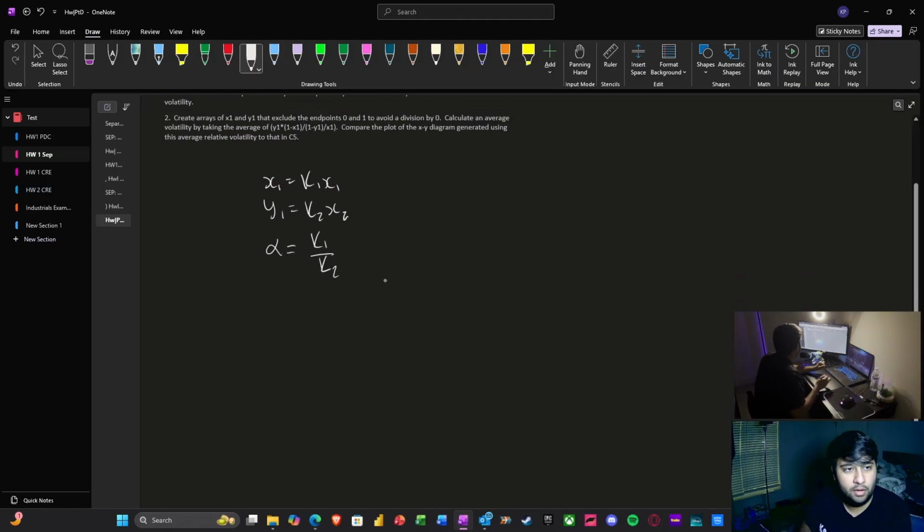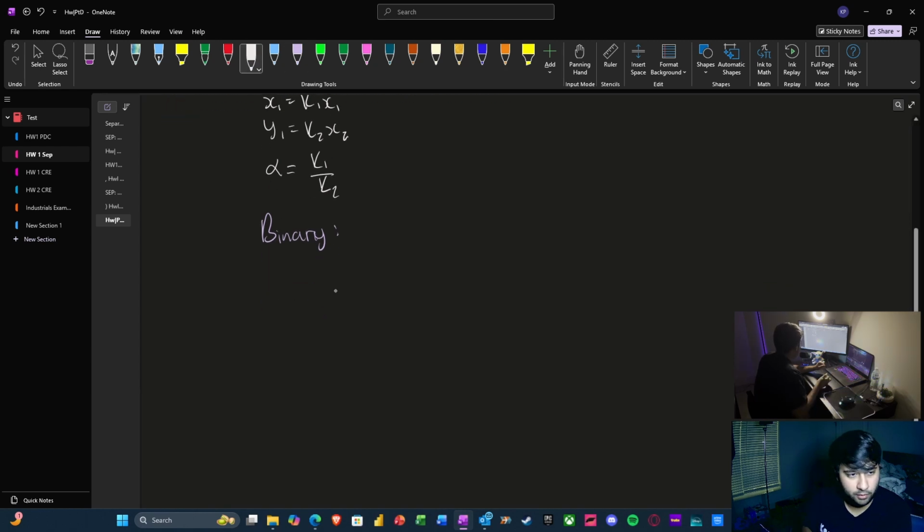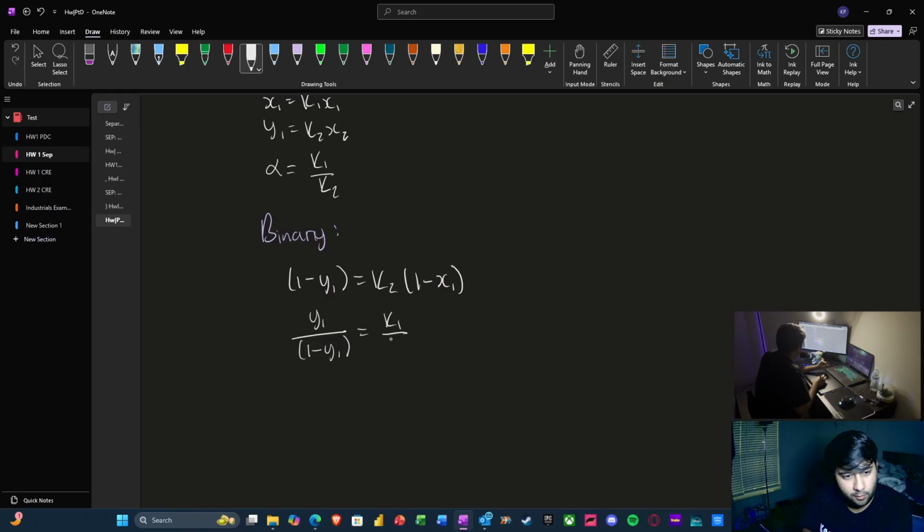Now that we have our equations, we know that this is a binary mixture, and to start off we're going to use the equation 1 minus y1 equals k2 times 1 minus x1, and from here we're just going to go ahead and divide over our y1, and we're going to be left with k1 over k2 times x1 over 1 minus x1.